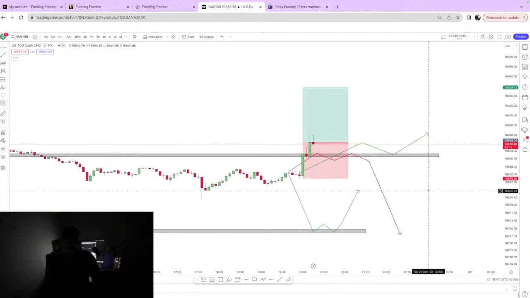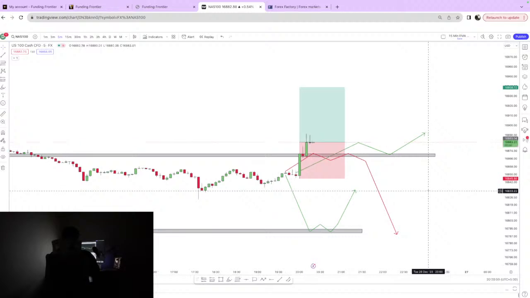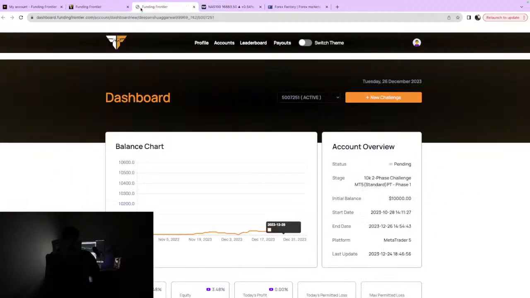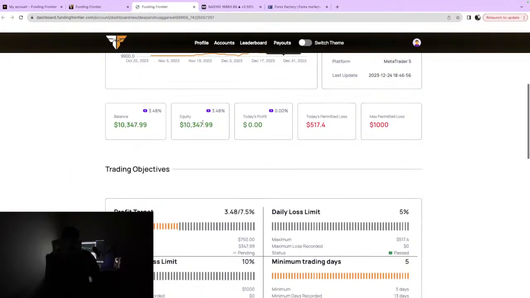I think you should go with a reputed prop firm. Currently, the most reputed one is FTMO, but if you're Indian, FTMO doesn't currently provide to Indians, and maybe The Funded Trader, TFT, you can go with. It's also going good right now. And currently, which I am using is this Funding Frontier.